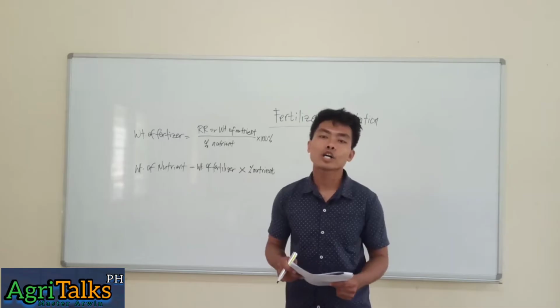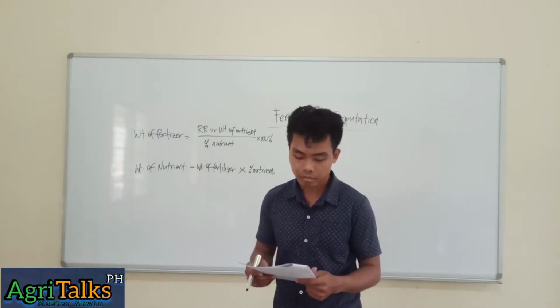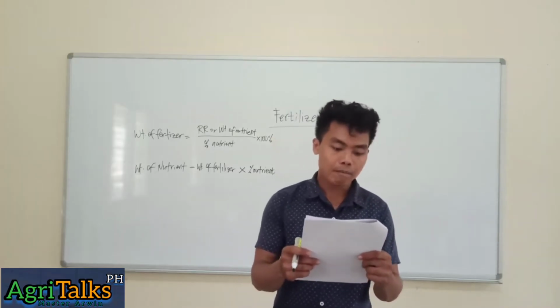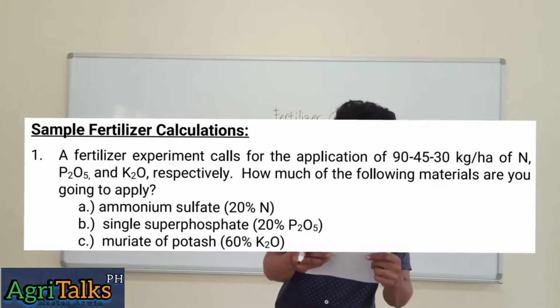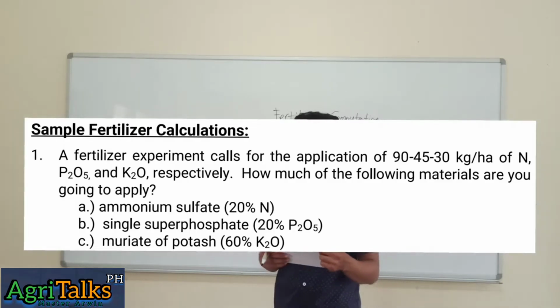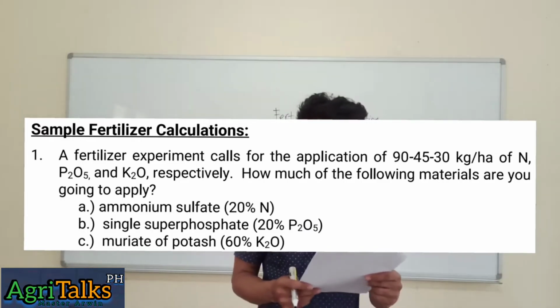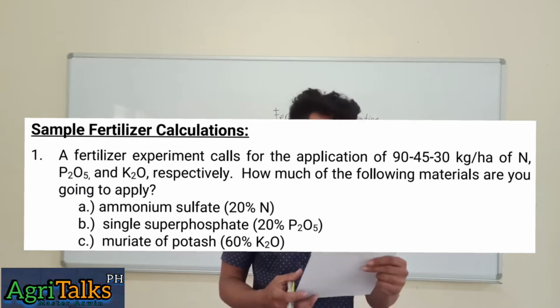Let's start our sample fertilizer calculation. So we have this problem. A fertilizer experiment calls for the application of 90, 45, and 30 kg per hectare of nitrogen, phosphorus, and potassium respectively.